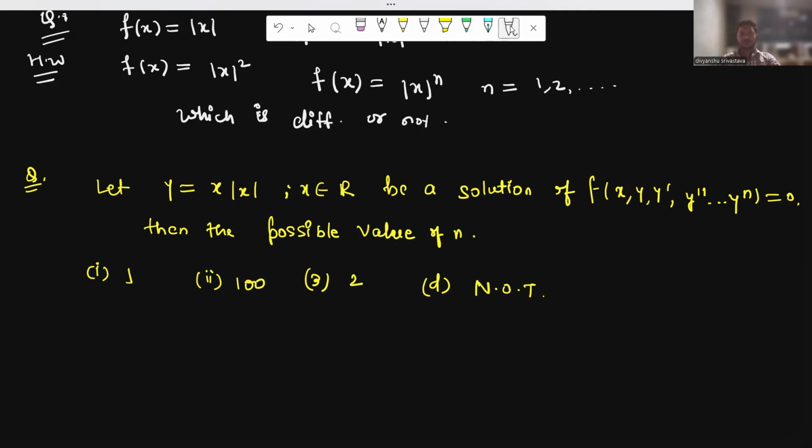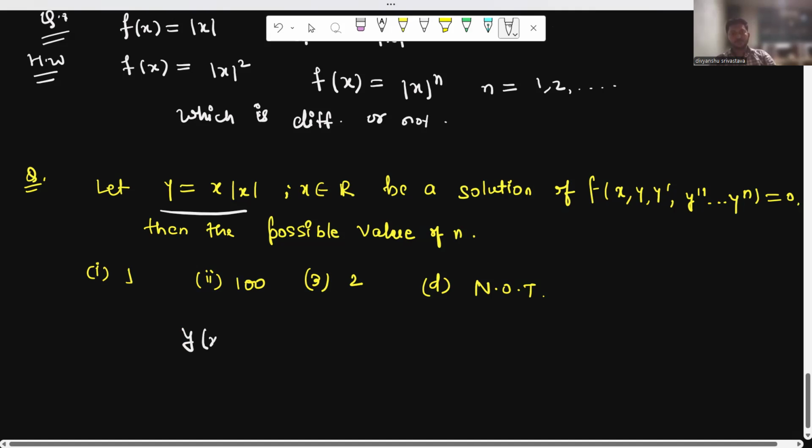Okay, so first you have some function already given in this part, y is equal to x mod of x. Okay, so you know very well how to implement this. So for y(x) you have some modulus already given. So for the modulus function you have to justify like this.